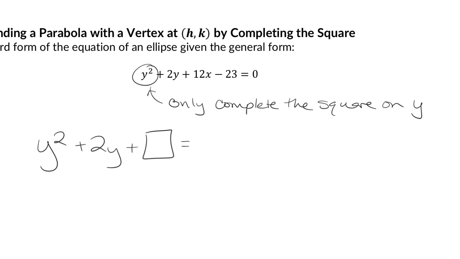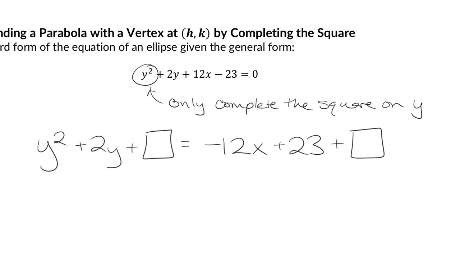If I take that x term, the 12x, to the other side, what will it become? Negative 12x. And if I take the negative 23 to the other side, plus 23. And then, of course, don't forget the magic box on that side. We don't have to do 2 mystery boxes, just 1.